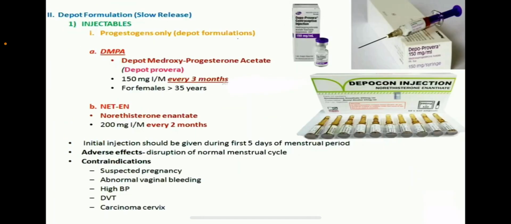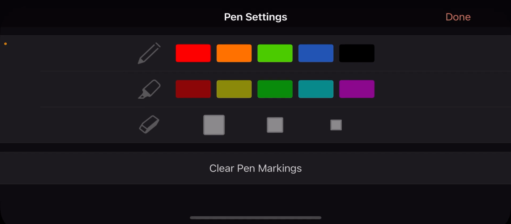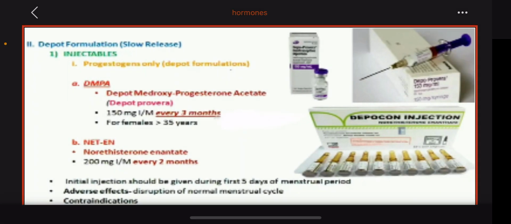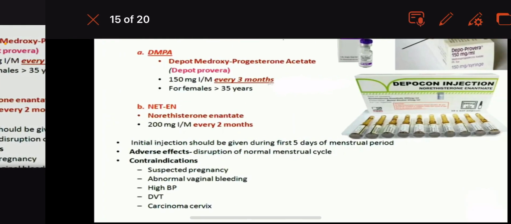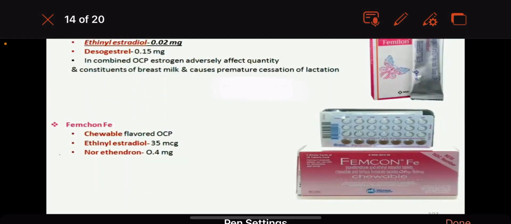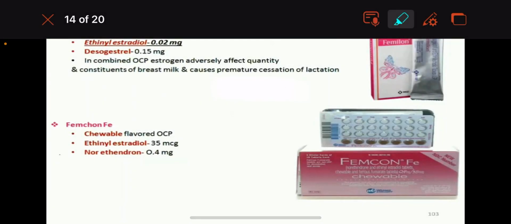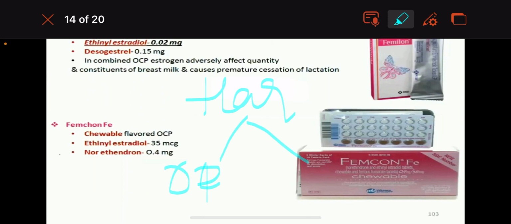Okay, moving on to the second half of the classification. So let us go to the previous page and revise what we have studied so far. We are studying the hormonal contraceptives. Under hormonal, we studied the oral pills and depot formulations.